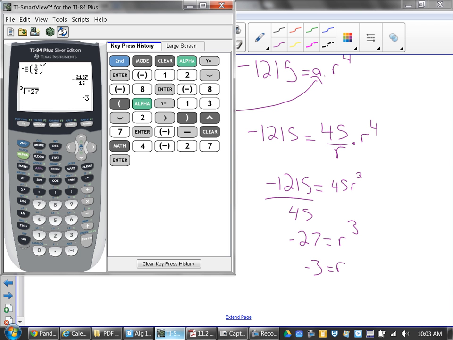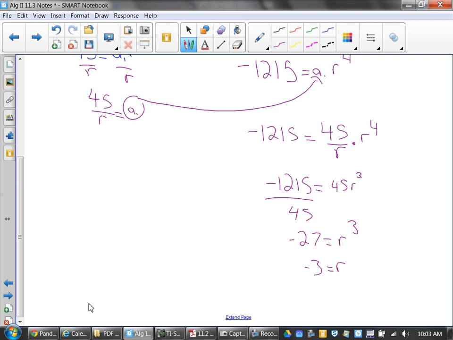Negative 3 times negative 3 times negative 3. What did we solve for? We solved for the rate of the geometric sequence. We're not done yet. We have to write the rule. This is the easy part, because in order to write the rule, the rule is a sub 1 r to the n minus 1.